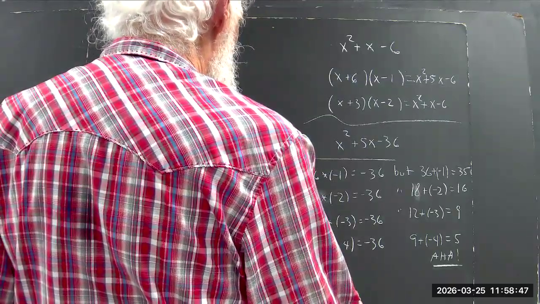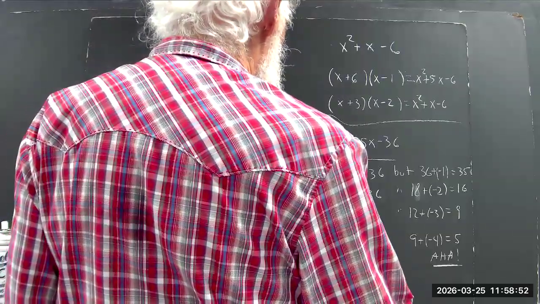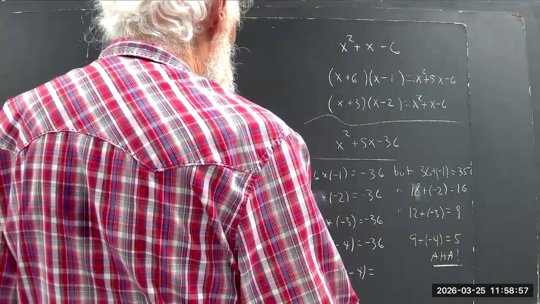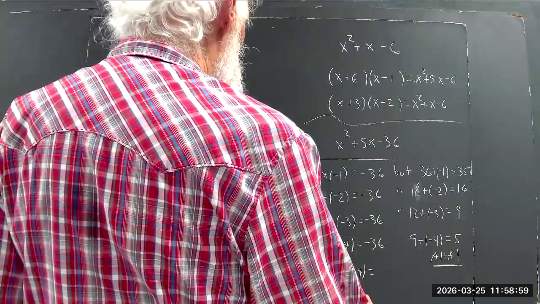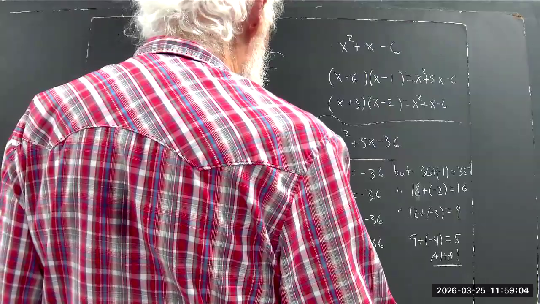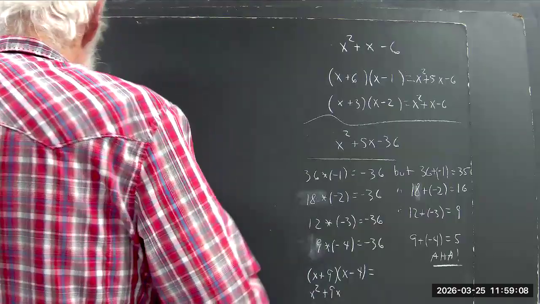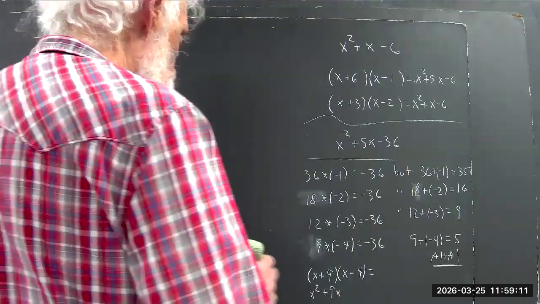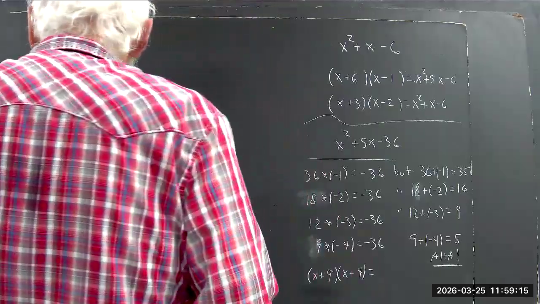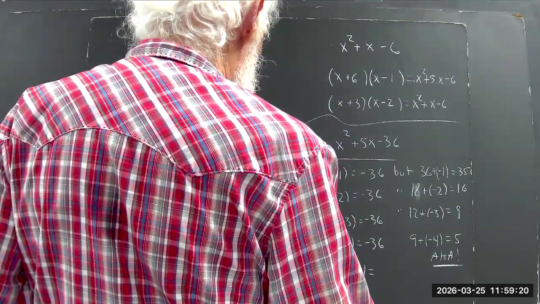Just a test. x plus 9 multiplied by x minus 4 equals x squared plus 9x. Yep. There are two ways to do the distributive law, and I'm not writing out all the steps. I think it'll be easier for everybody to see.